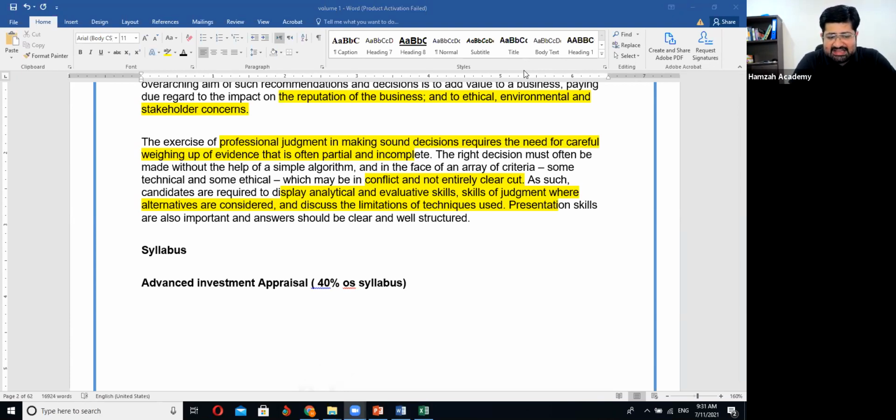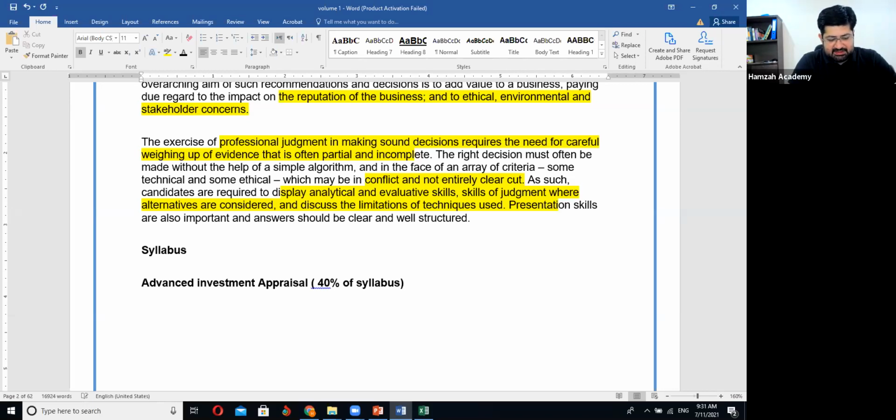Because it takes this much time to cover. Whatever you studied in F9 is part of it, but advanced techniques as well. I will start this area today. Plus weighted average cost of capital, which is also with enhanced variance.